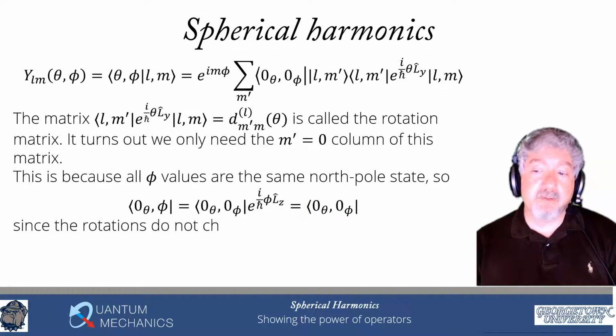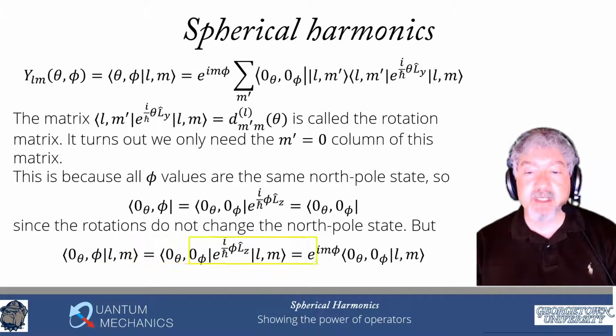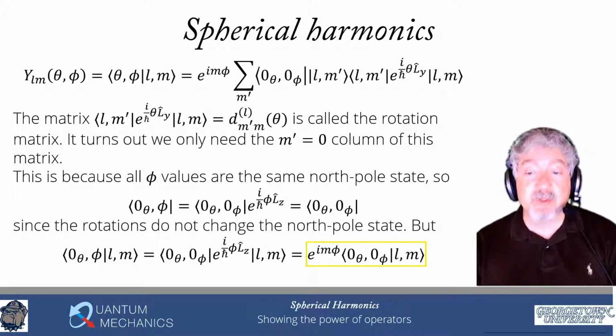Now, if we evaluate that with an inner product with the Lm state, I can operate that operator to the right against the Lm state, and I get e to the i m phi. But you can see that the North Pole state overlapped with Lm must equal the North Pole state times e to the i over h bar phi Lz multiplying Lm. And in the second case, I get this extra factor of e to the i m phi. But it can't change anything. It has to be the same number.